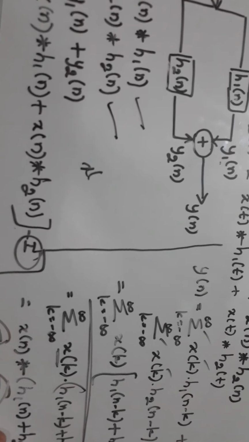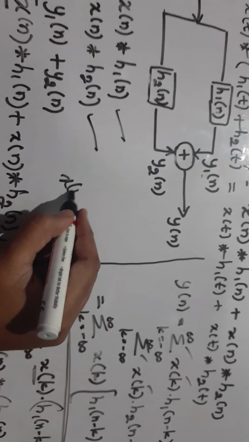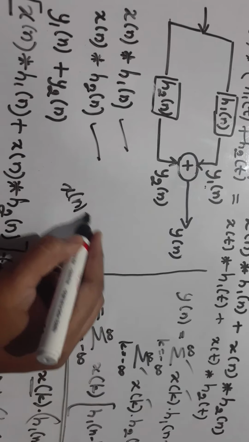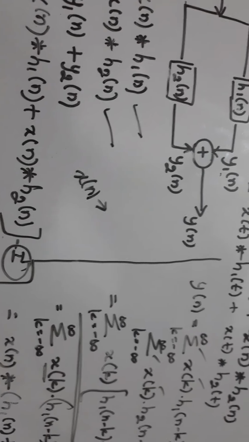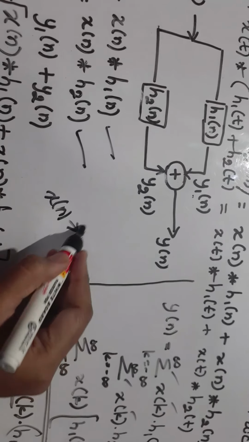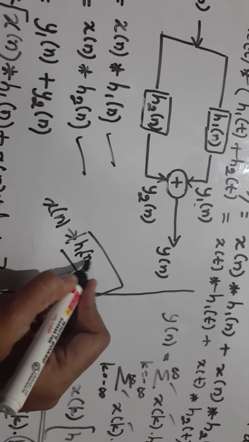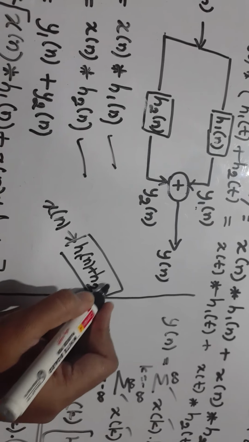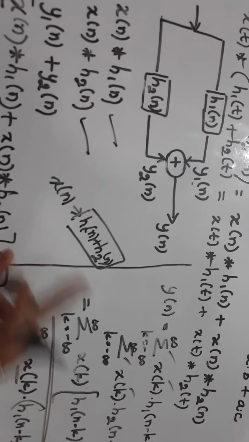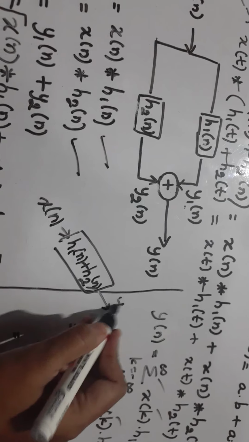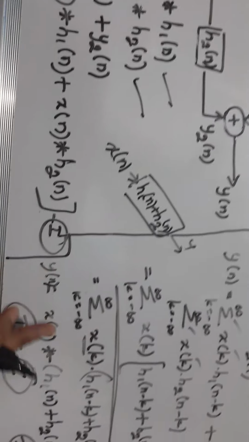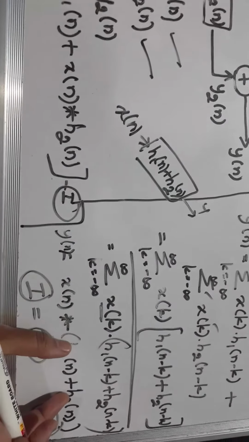I'm talking about this. x of n is the input, this is your impulse h1 plus h2, and it is actually your y of n. y of n is equal to x convolved with h1 plus h2.